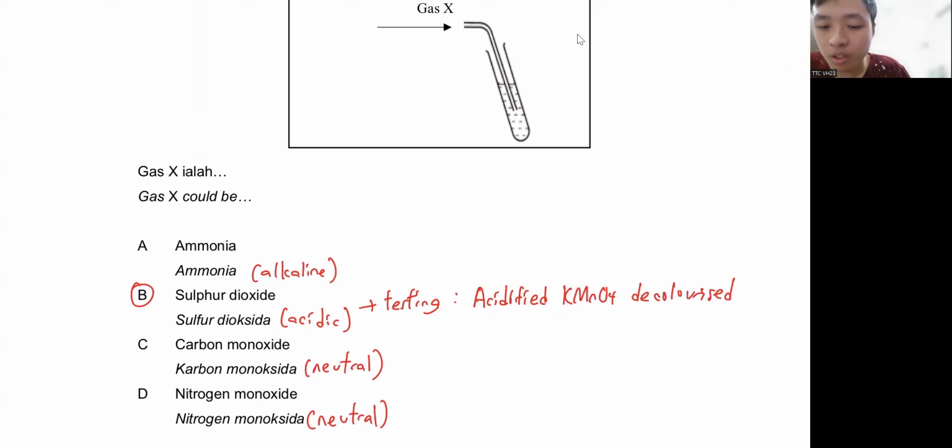But nitrogen dioxide is not here. Other than that, sulfur dioxide is also acidic. So this one is actually the acidic one. Ammonia is alkaline. C and D are neutral.